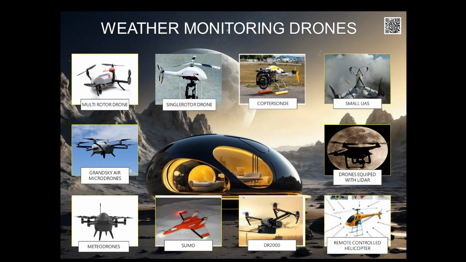Now take the example of copter sounding. Copter sounding is already fixed with all the required sensors which are used for weather monitoring, different parameters it can monitor. You take temperature, yes. You take wind speed, yes. You take wind velocity, yes. You take humidity, yes. You take rainfall, yes.